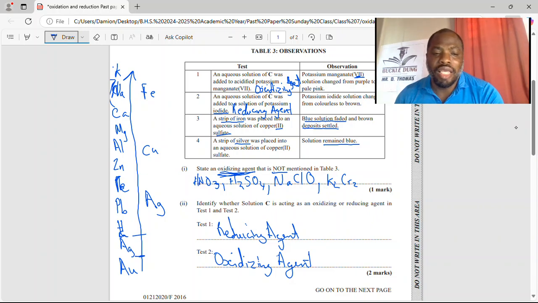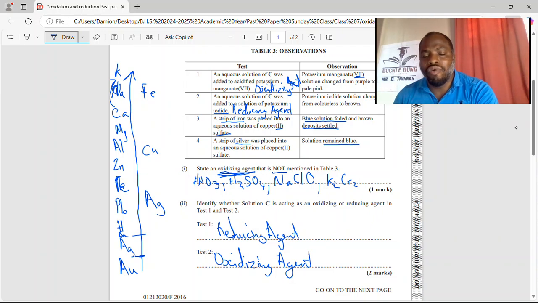Since silver is not higher than copper, it is not going to be able to displace the copper from the copper sulfate. And that's why in situation 3, Jaden would have experienced the solution starting to have a faded blue appearance because the copper is now being displaced.